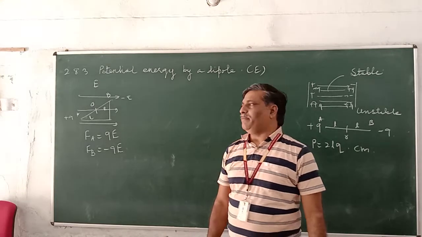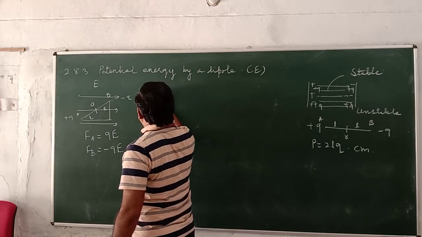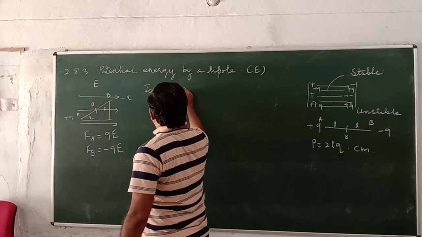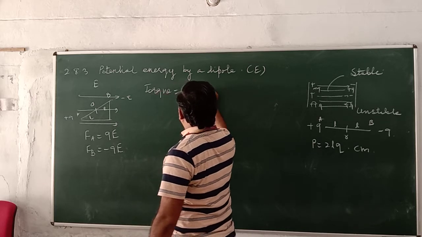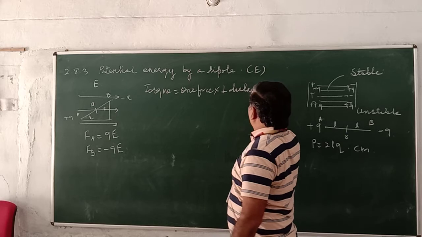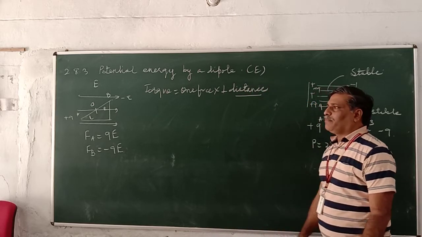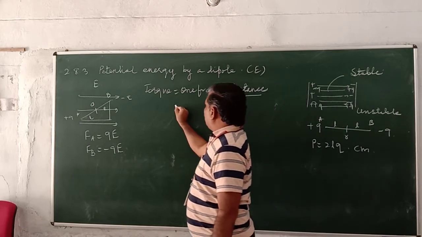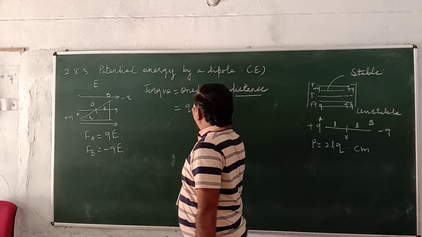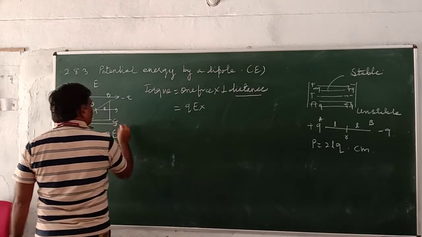Torque rotates the dipole. So torque is equal to one force into perpendicular distance. One force is equal to QE. Perpendicular distance is BC.